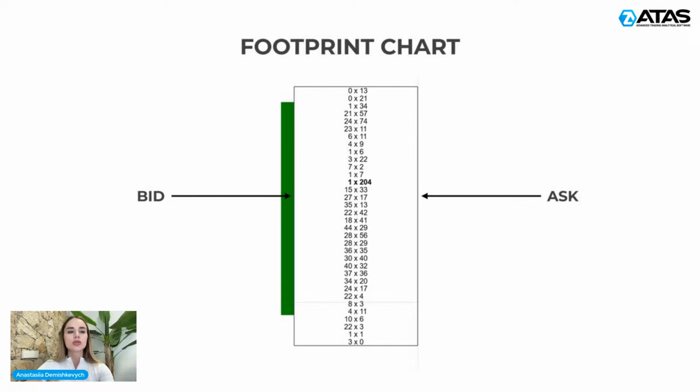Of course, we can go to the level 2 data and so on, but footprint chart shows you exactly what is happening at this very moment and allows you as a trader to react to it appropriately. So as a footprint chart organizes all this data, asks and bids, in a way that's much easier to read, analyze, and also even backtest compared to the traditional candlesticks.